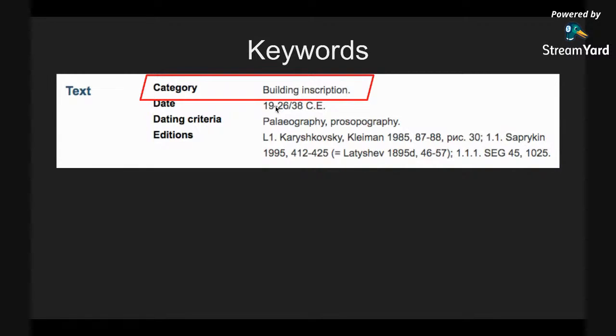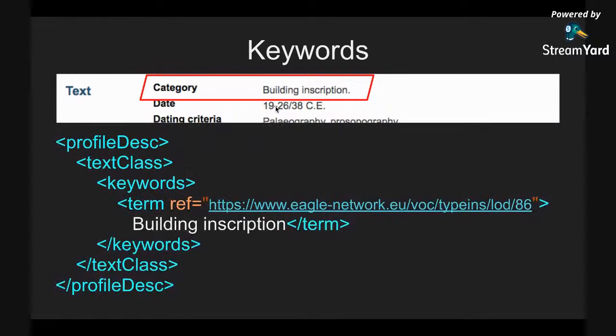So then the third and final example that I want to talk about here is the tagging of keywords, or what might in some corpora be called category of text or type of document. Here's an example from one corpus that has under text various information, including category. If you have a category of building inscription, this belongs in a part of the TEI header called the profile description.